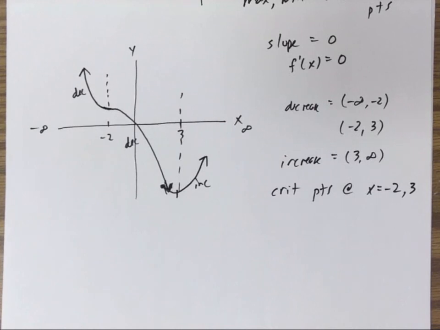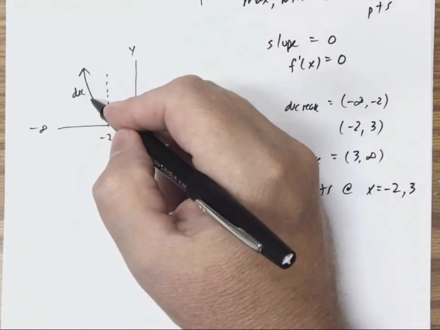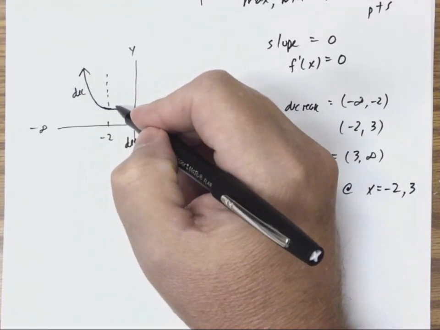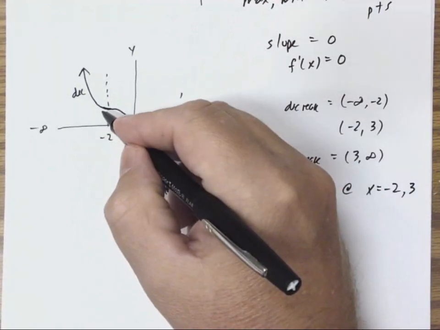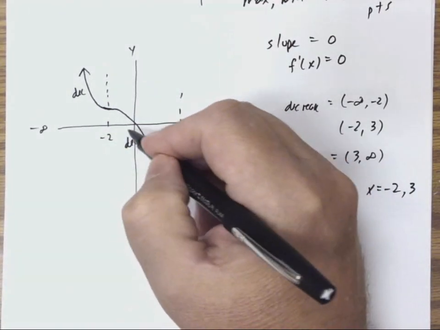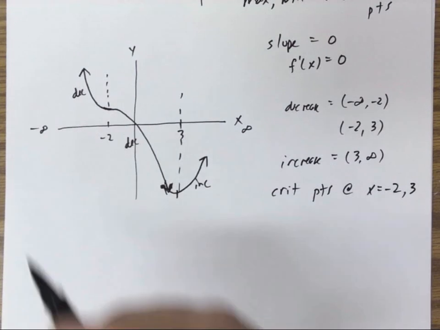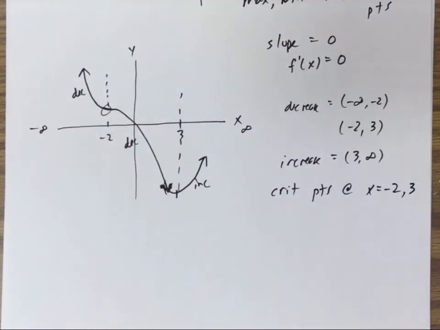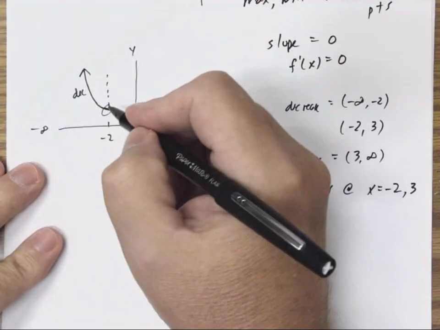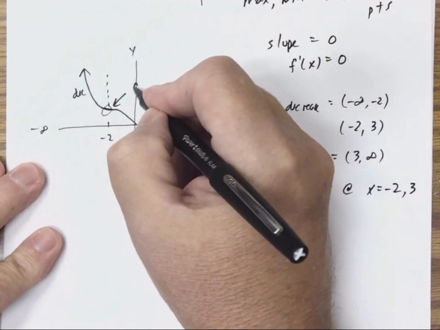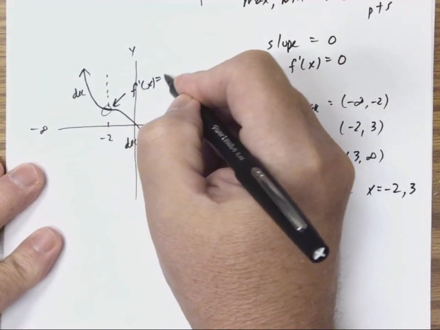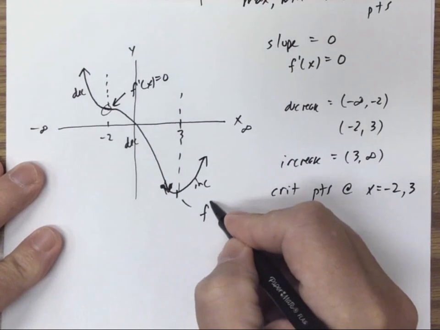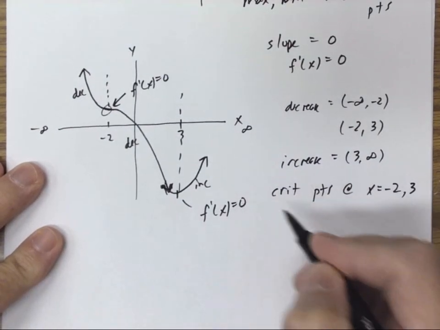But in this case, this is one of those cases where we're decreasing, it flattens out, but it doesn't then go up, it then turns around and keeps going down, so it continues to decrease, although there's this one spot in here where it's actually not decreasing. Once again, at both these critical points, the first derivative equals 0.